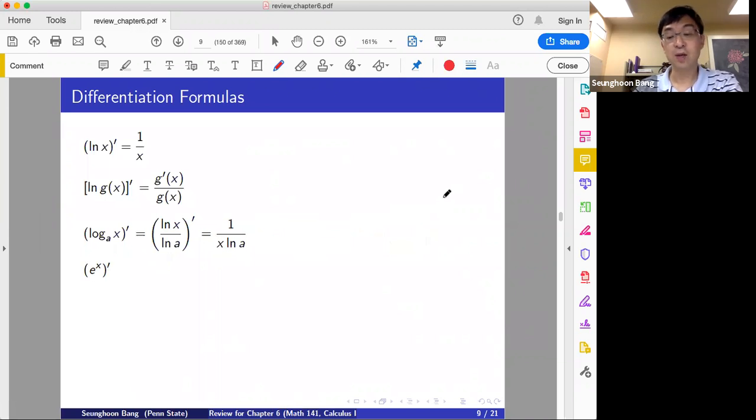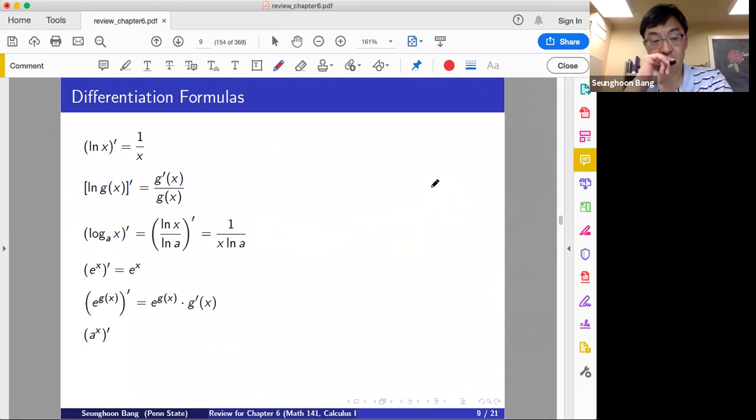The derivative of e to the x is e to the x. The derivative of e to the g of x is e to the g of x times g prime. What is the derivative of a to the x? Could you write your answer on the chatting board?